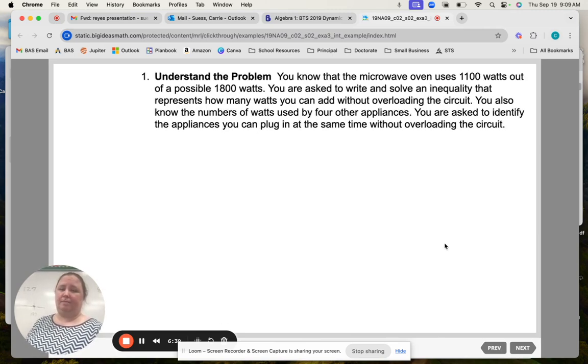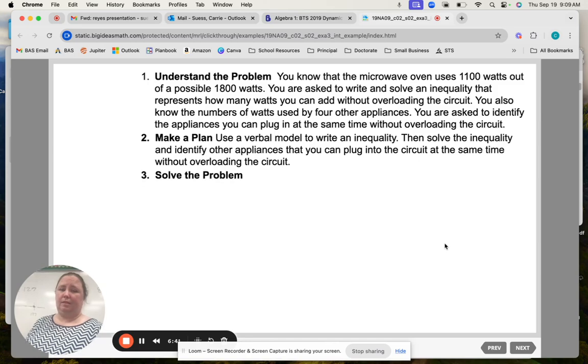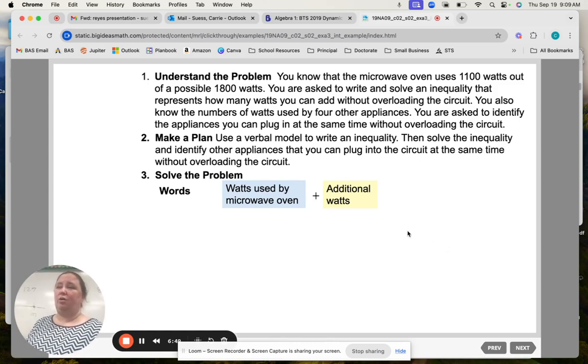So it'd be less than or equal to, no, it'd be less than. We're going to take what we know about what the microwave uses. We're going to say plus whatever additional watts are available, and it has to be less than, because at 1,800 it trips the breaker.